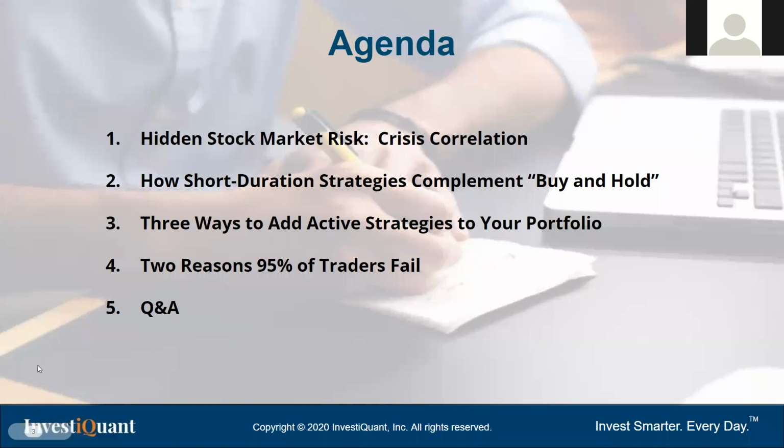All right, so what we'll be talking about this afternoon is we're going to start with a topic called crisis correlation, that you may be at risk of in your own portfolio right now without even knowing it.